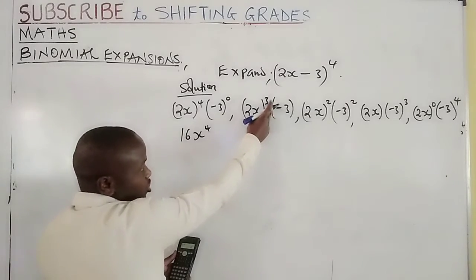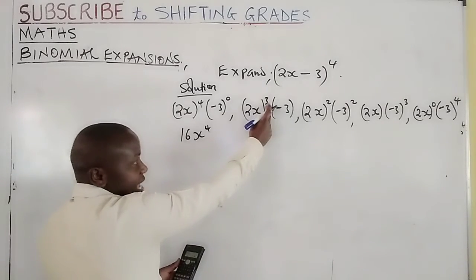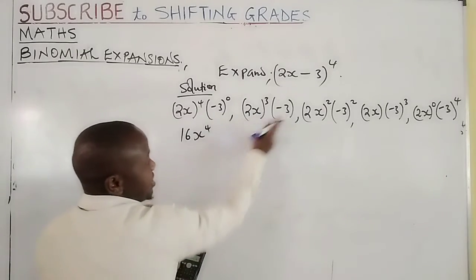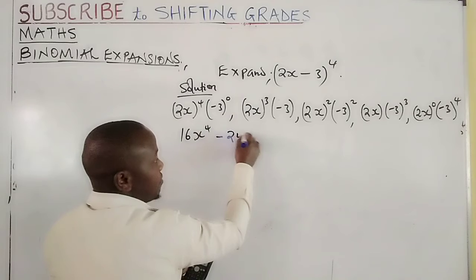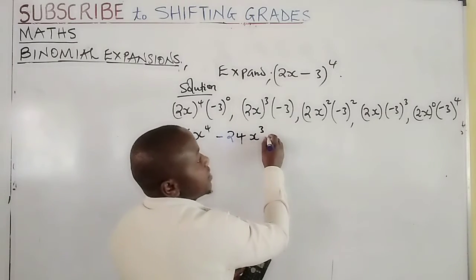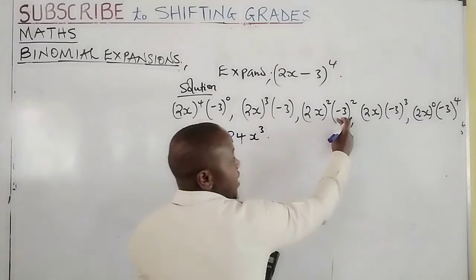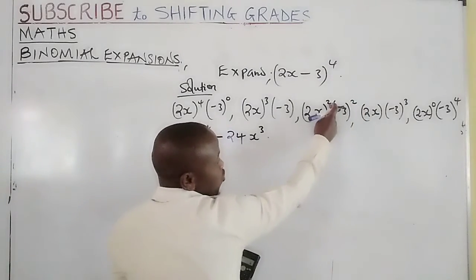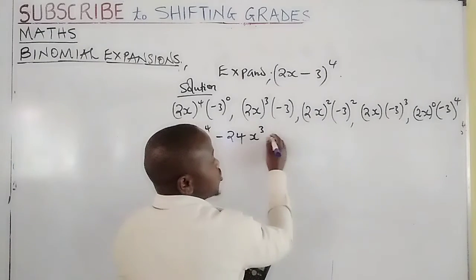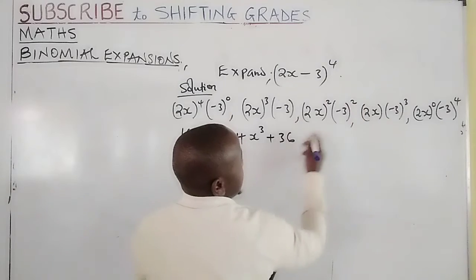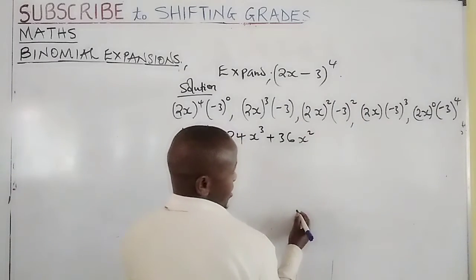We have already 2 power 3, 8, x power 3 by negative 3, so we get negative 24. Here, now negative 3 squared becomes a positive 9, and 2 squared becomes 4, so plus 36 x squared.